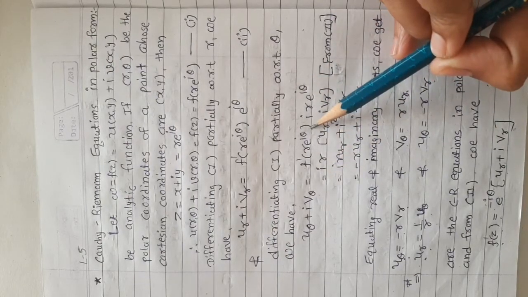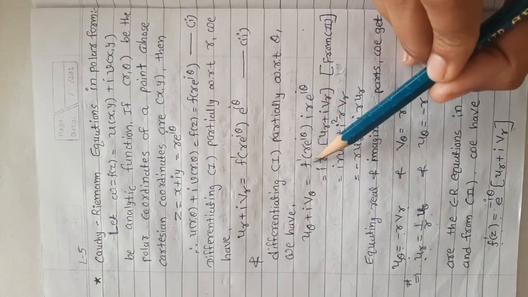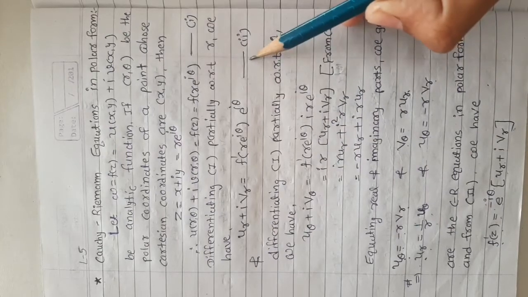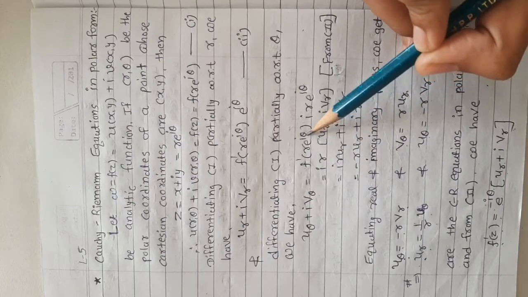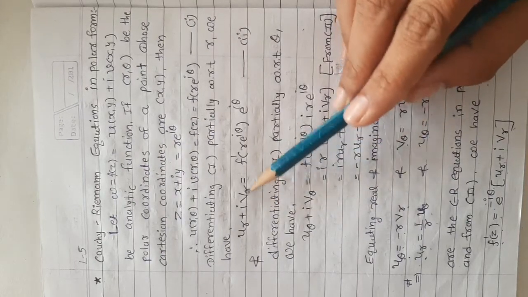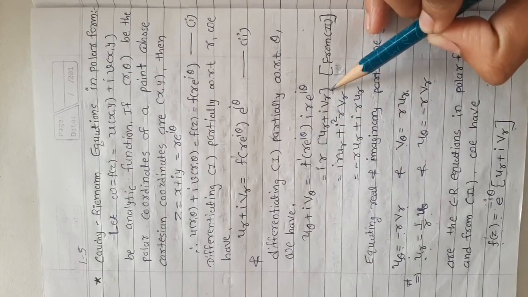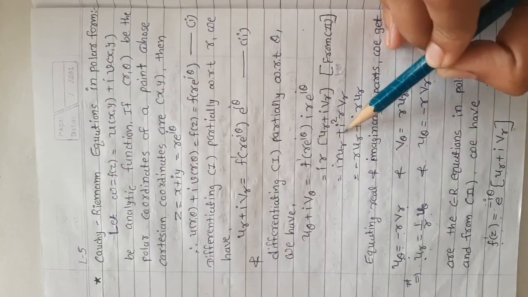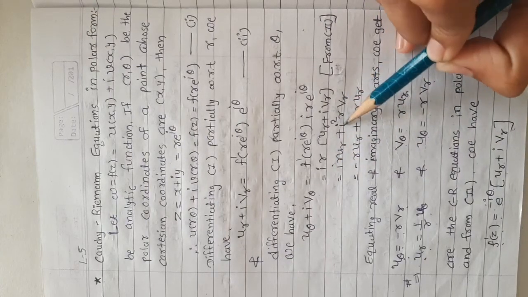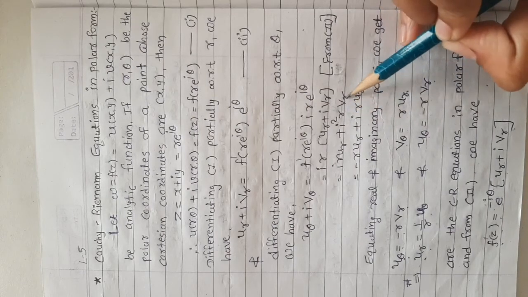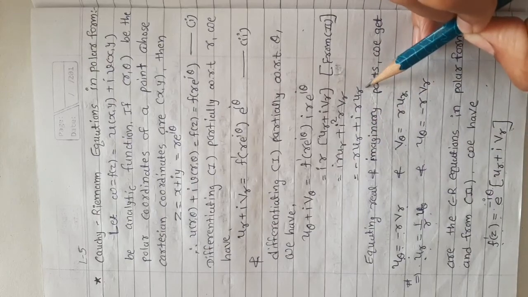Now simplifying, we have i r times f'(re^(iθ)) e^(iθ), and from equation number 2 that is u_r + i v_r. So we get i r u_r + i² r v_r. Since i² = -1, this is -r v_r + i r u_r.